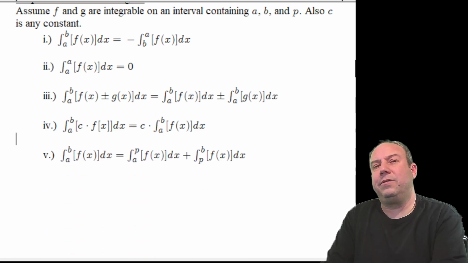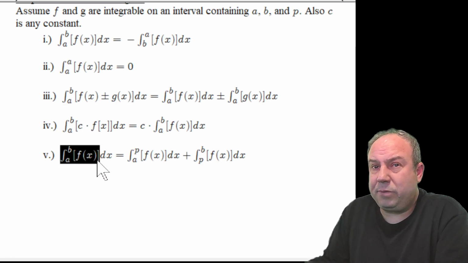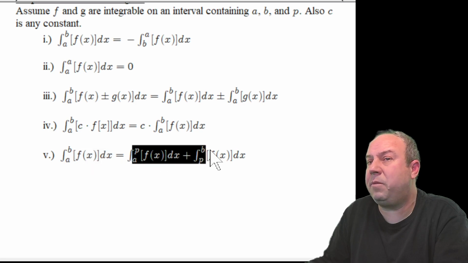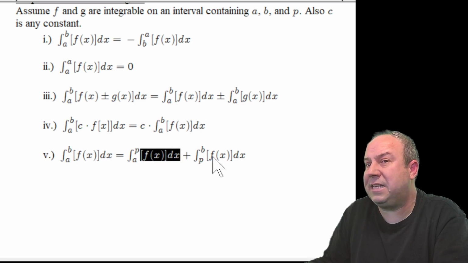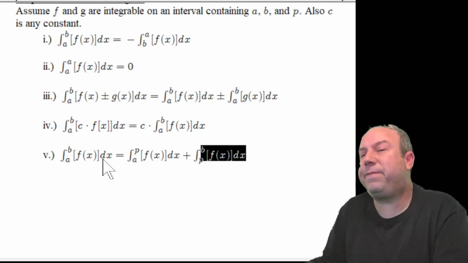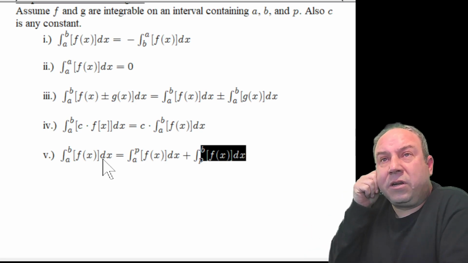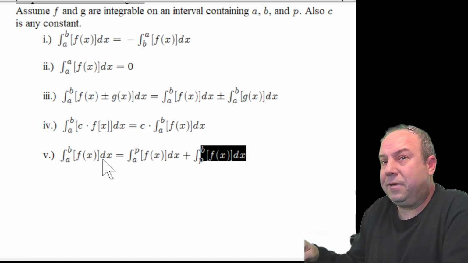Now, we can also split up an integral from a to b into a sum of two separate integrals with different boundaries. Right? From a to p and from p to b, right? For our function f of x dx, right? If our function is integrable over an interval that contains all three values a, p, and b, right?